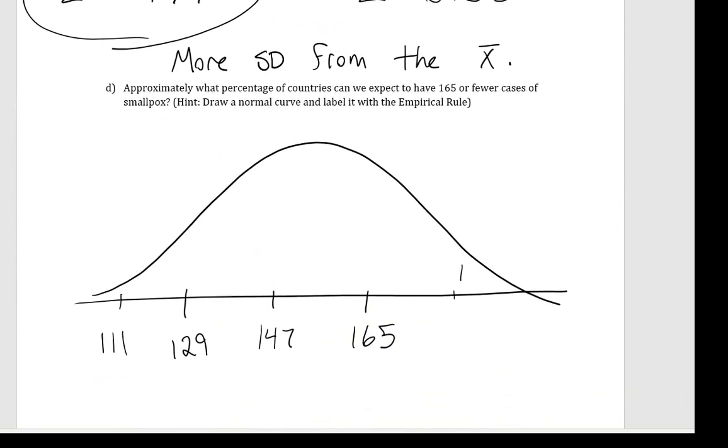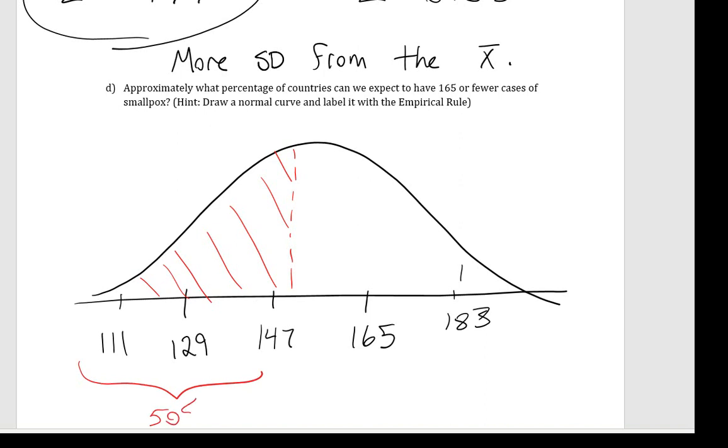So I'll have 111, and then we'll also have 183. So here's something to remember, this is symmetric. So that means that on either side, we're going to have a 50-50 split. If we just look at the cases that are 147 or fewer, so that means the lower half, that's literally going to be 50% of our countries.